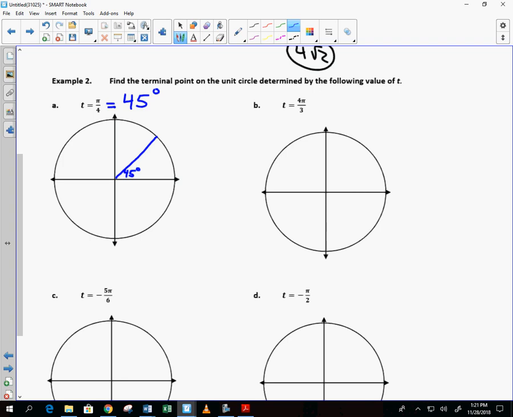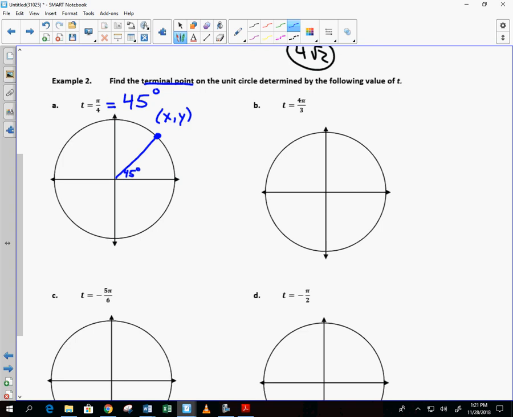My goal when it says find the terminal points is to find that coordinate. I want to find that x, y coordinate. Okay? Is everybody okay with that?